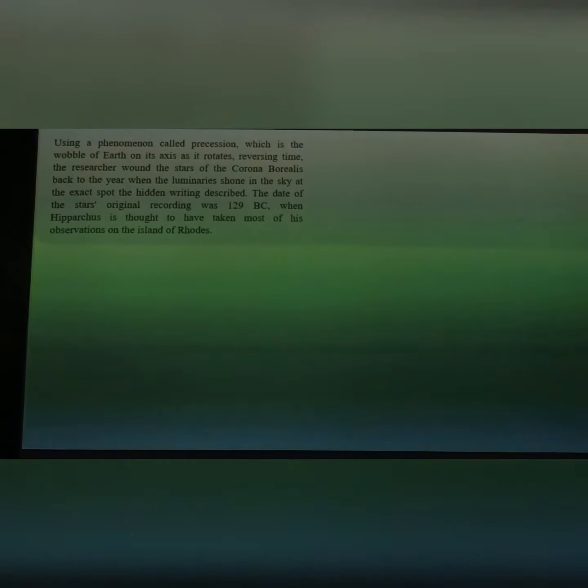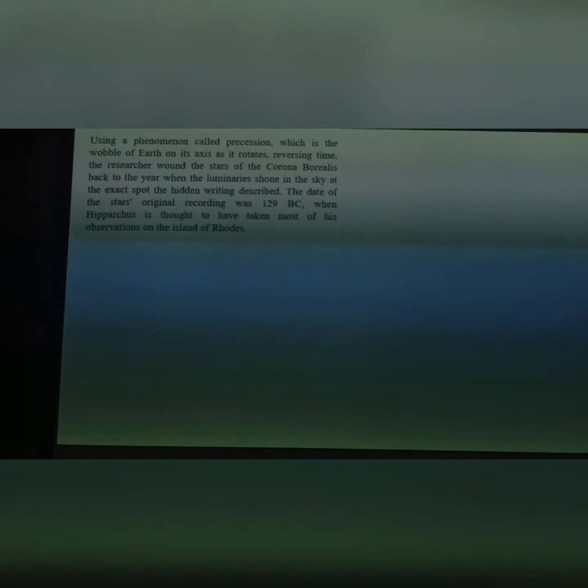Using a phenomenon called precession, which is the wobble of Earth on its axis as it rotates, and reversing the time, the researchers moved the stars of the constellation Corona Borealis back to the year when the luminaries shone in the sky at the exact spot the hidden writing described.